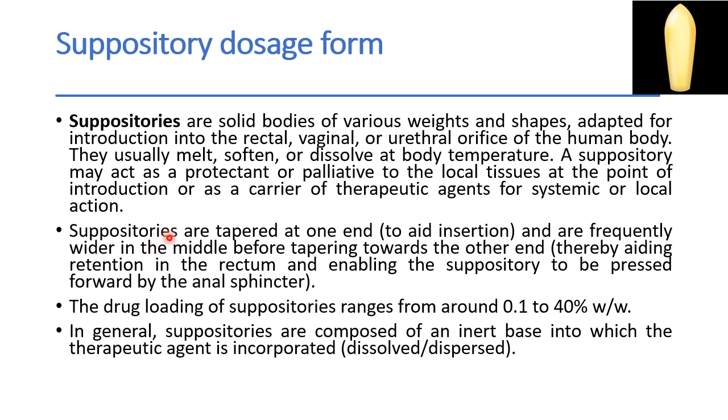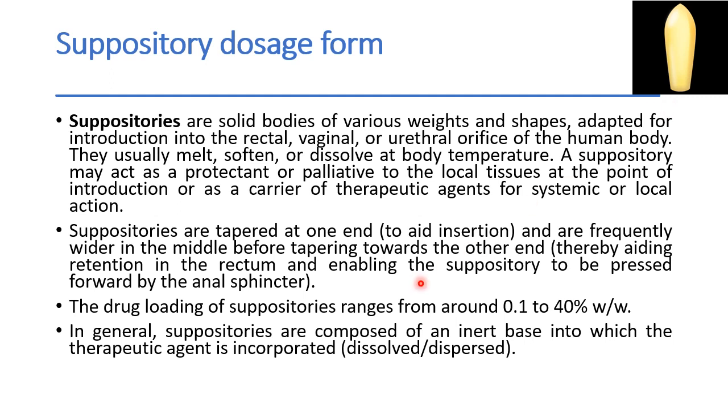Regarding morphology, suppositories are tapered at one end. This will aid insertion into the body orifice, and then frequently wider at the middle, and then tapered again toward the end. This tapering towards the end will help retention in the rectum and enable the suppository to be pressed forward by the anal sphincter.